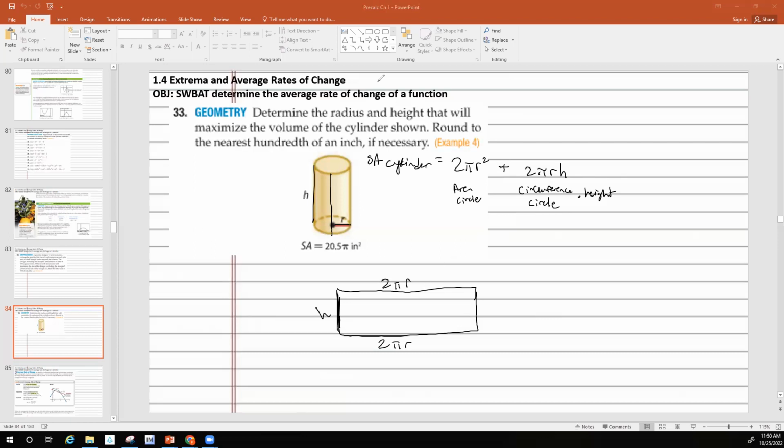Honestly, there are so many formulas to remember that sometimes you just want to think about it. And that height never changes as you go down the circle. The height is always going to be the same.